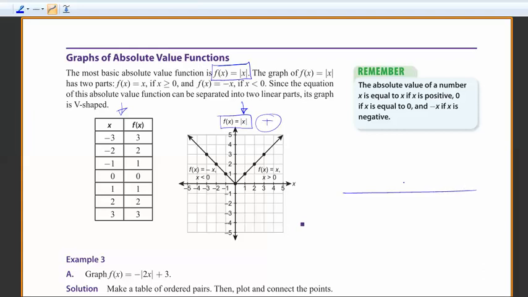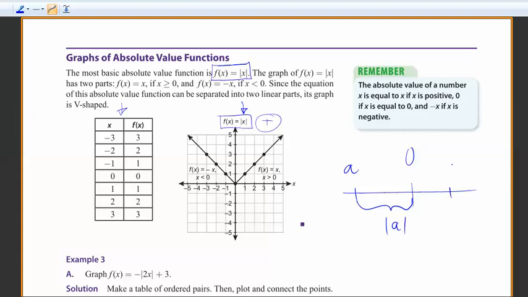remember from class, if this is my 0, and supposing I have a number a here, the distance of my number to 0 is what represents the absolute value of that number a, right?